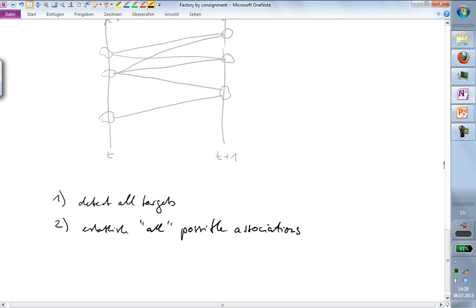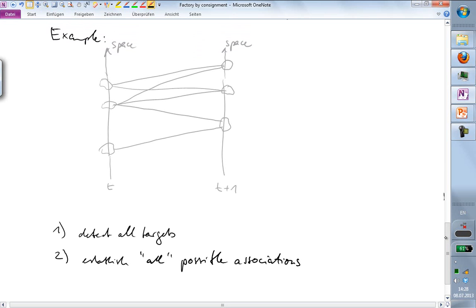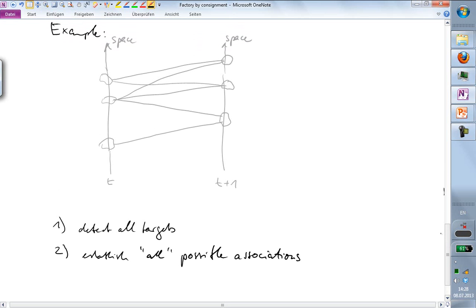And I've put all in quotation marks because I can use some cutoff criterion, as I've just argued, to simplify things. The simplification is not really necessary if I have 3 targets at t and 3 targets at t+1, but if you have, let's say, thousands of cells that you want to track, this becomes a necessity.